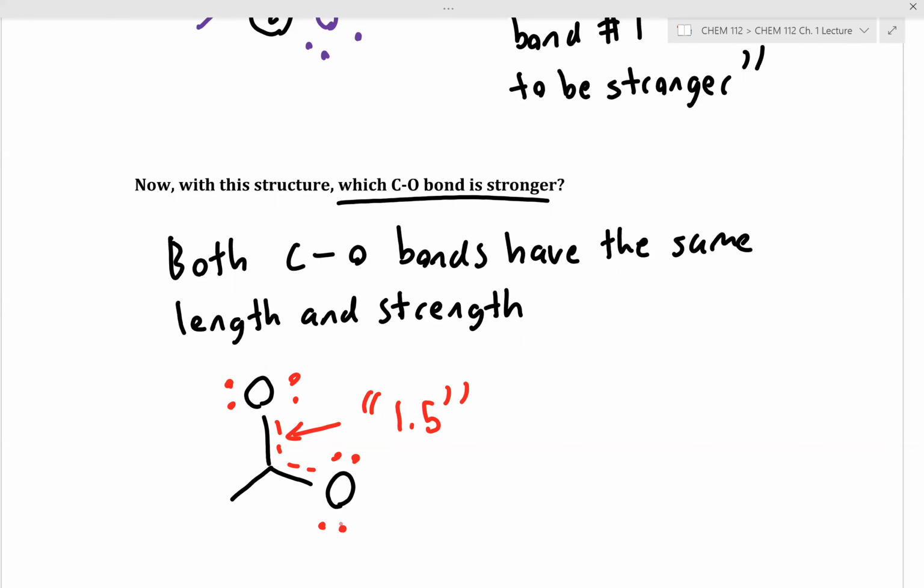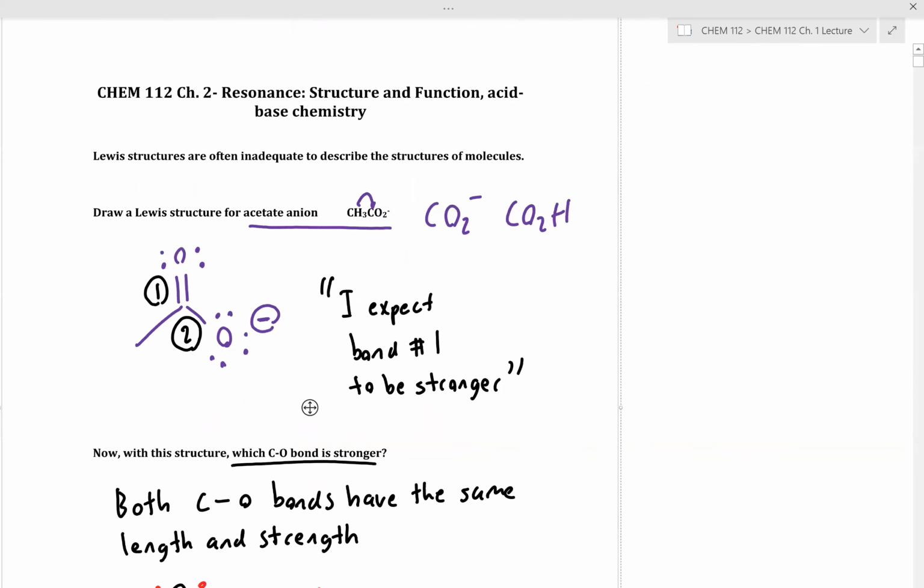This is my lead-in to help everyone appreciate the role that resonance can play in structure, bond length, and strength, critical topics in organic chemistry. So let's explain how we draw resonance structures and how we interpret them. Does that make sense so far? Okay.